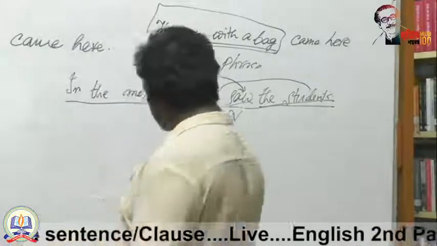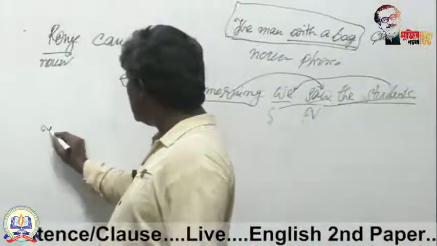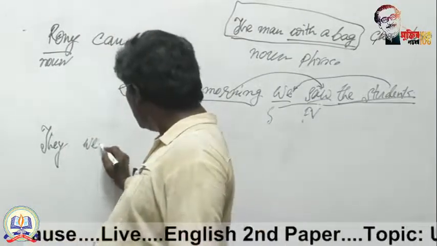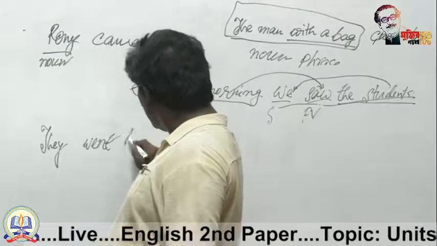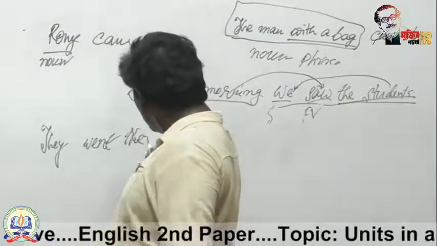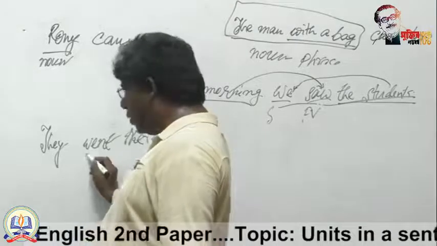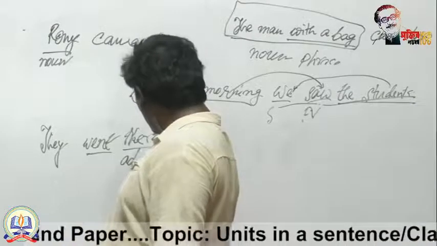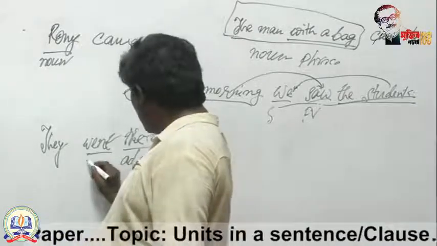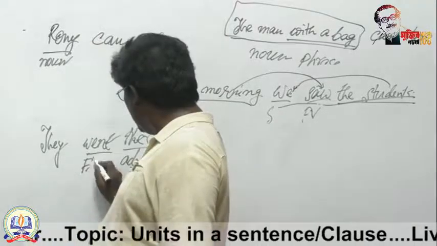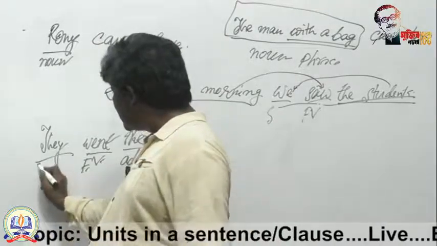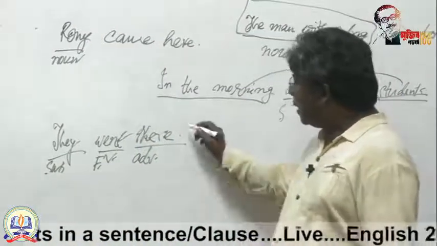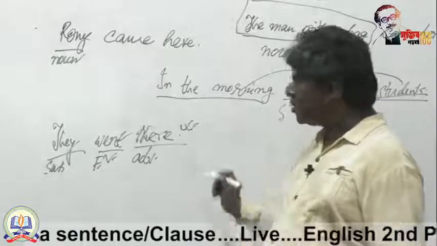We also have such verbs, and look at this sentence. They went there. Went is the finite verb. There is the adverb. They is the subject of the sentence. Well, what does there do in this sentence?